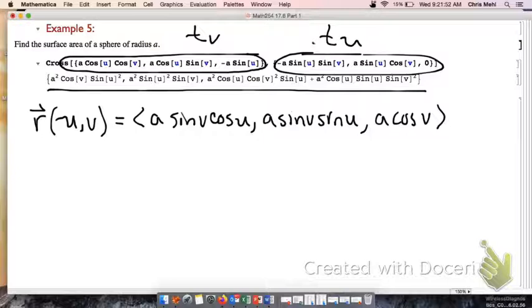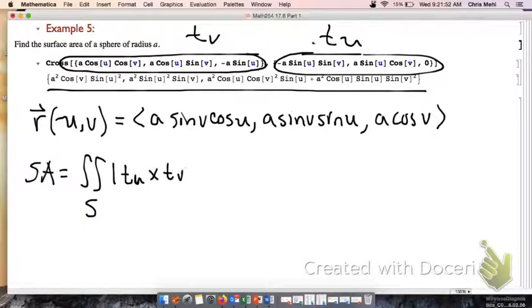So now if I want the surface area, the formula is the double integral over the surface, and it would just be, because remember f would be equal to positive 1 in this case, it would be Tu crossed Tv ds.